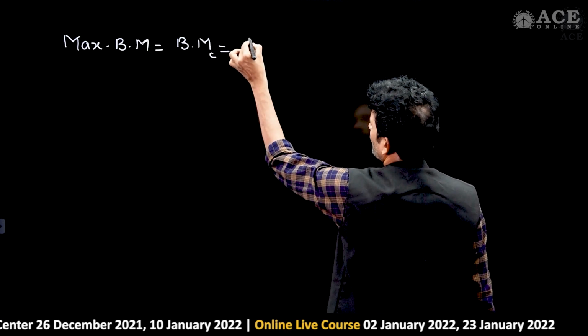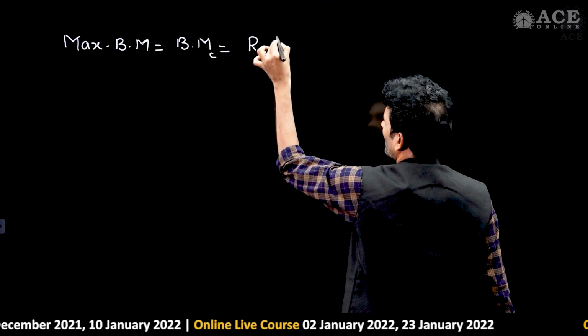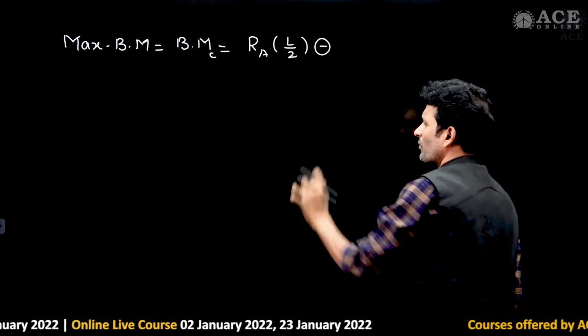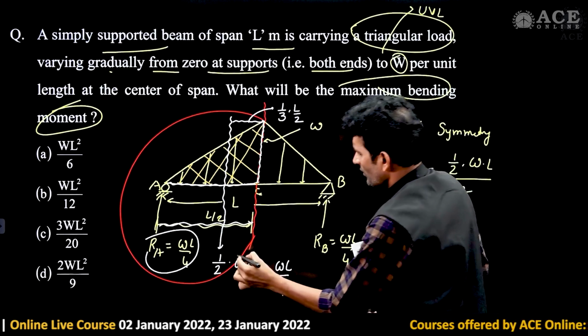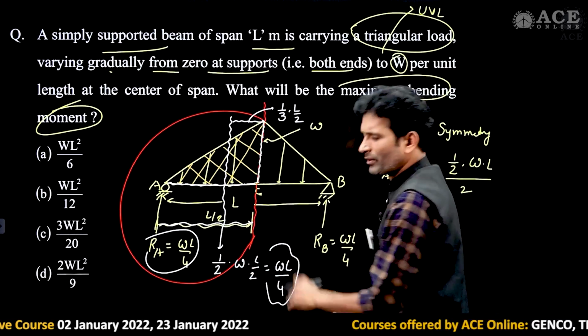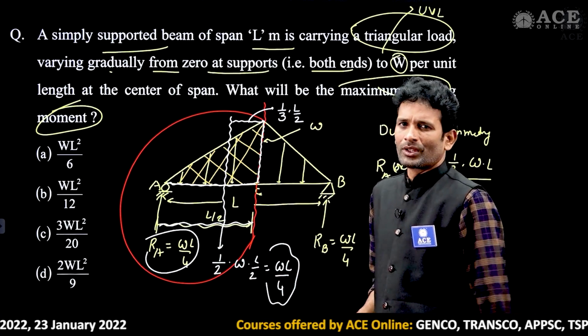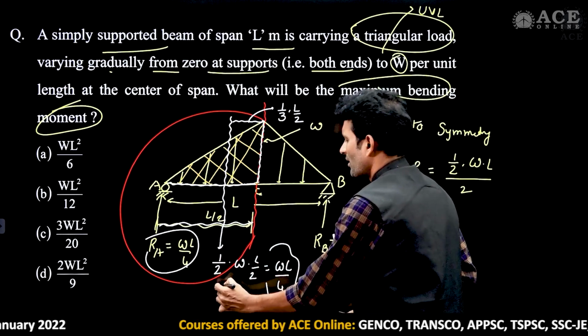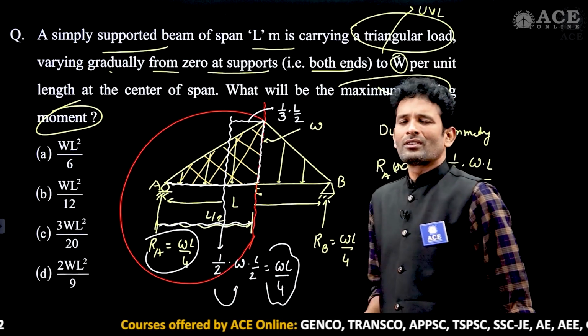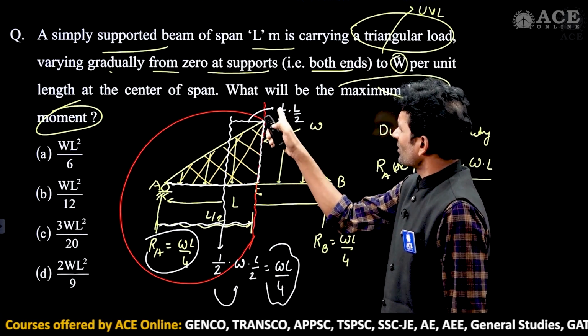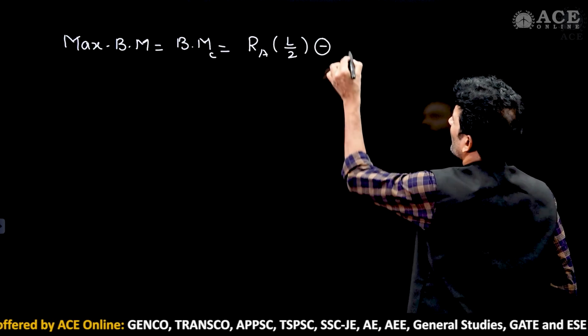So, first thing, if I take this one, RA at a distance of L by 2 minus. Why is it minus? Look at here, this force, omega L divided by 4, is giving the anti-clockwise rotation. On the left hand side, anti-clockwise rotation gives the negative effect. So, omega L by 4, the distance is 1/3 of L by 2.